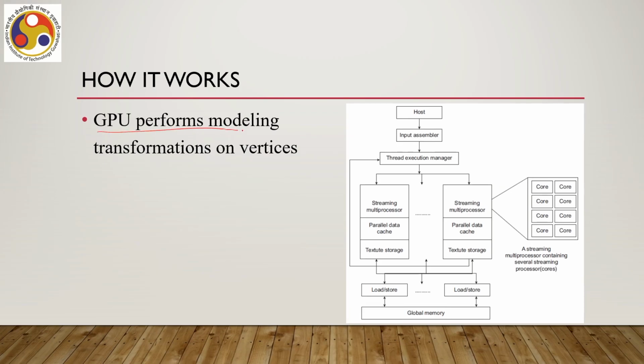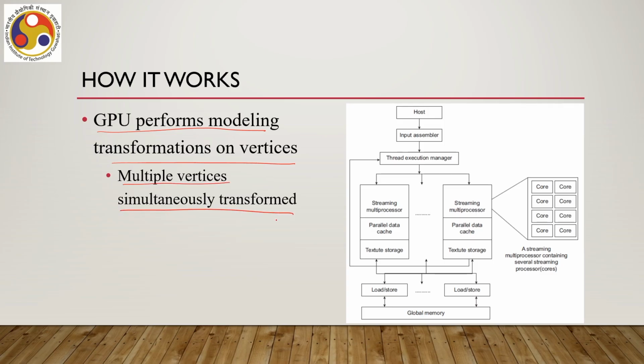Then the GPU performs modeling transformations on the vertices. So, multiple vertices are simultaneously transformed by multiplying the same transformation matrix to the whole set of vertices. The output is the stream of triangles, transformed from local coordinates to world coordinates.